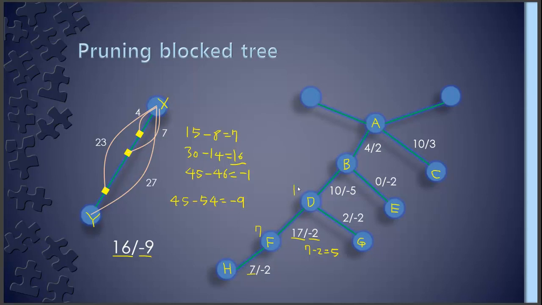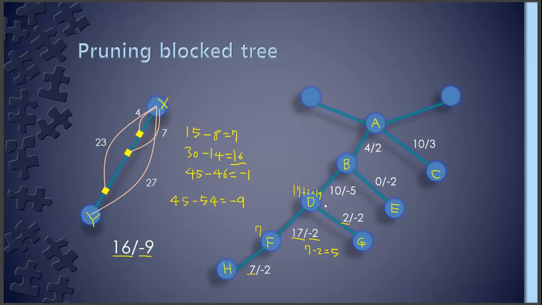And for node G, you would just take the points because you can get 2 points from taking the points. So finally you will get 19 points from node D.